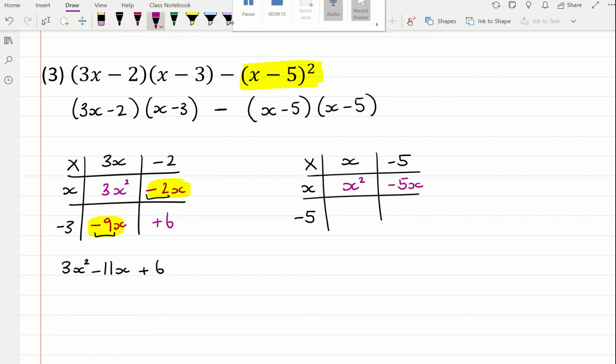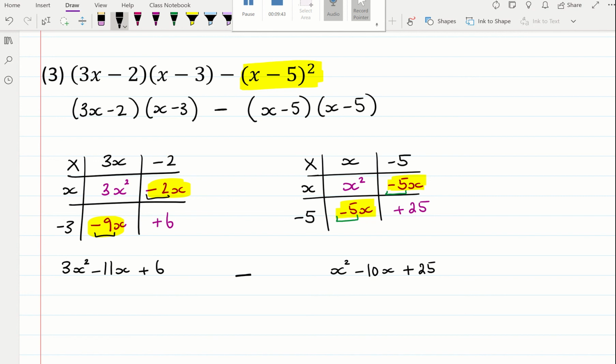Negative 5x times, negative 5 times x is negative 5x. Negative 5 times negative 5 is plus 25. And I'm collecting like terms, so I have to do negative 5 take away 5. So my final answer is going to be x squared minus 10x plus 25.